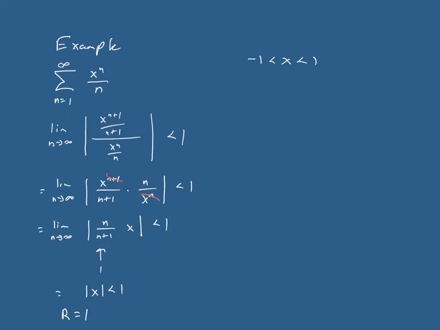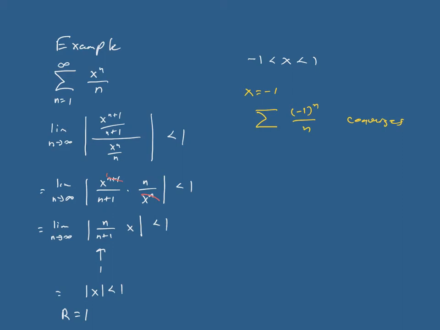So when I put x equal to -1, then my power series is going to become -1 to the n over n. And that particular power series, you might recognize that is the alternating harmonic series. And so we know it converges. So we will converge at x equals -1.